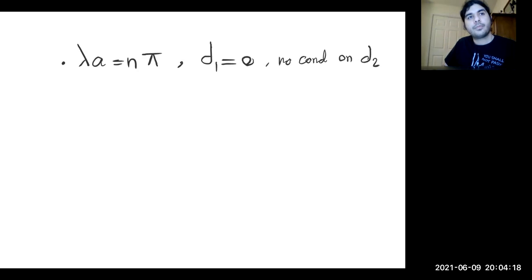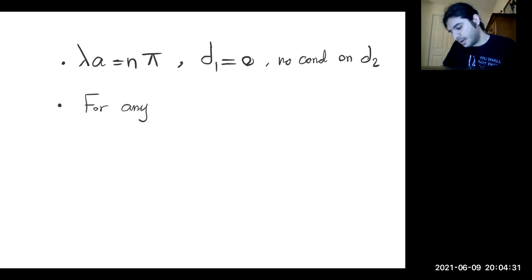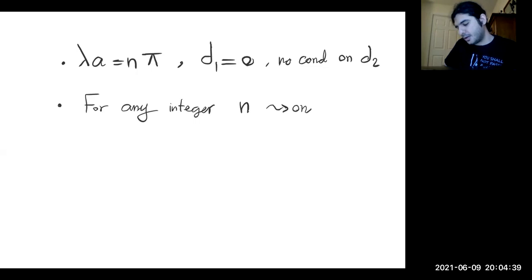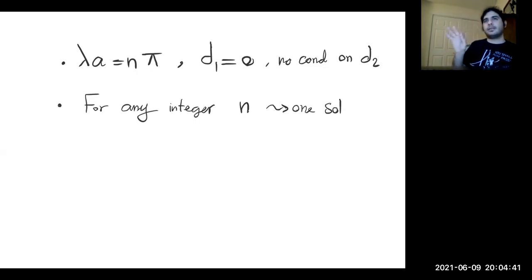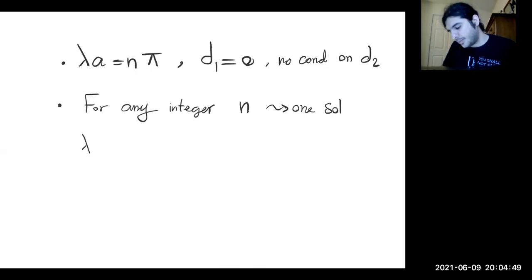Okay. Now, the funny thing is that for any integer n we choose, we would get one solution. How is that? So suppose n is fixed. Suppose n is 1, 3, 17, anything. Then lambda A being equal to n pi, what does it tell us?